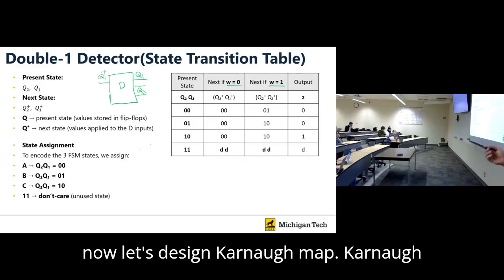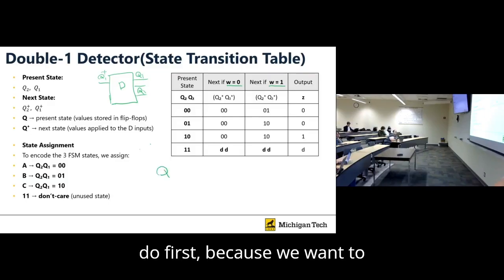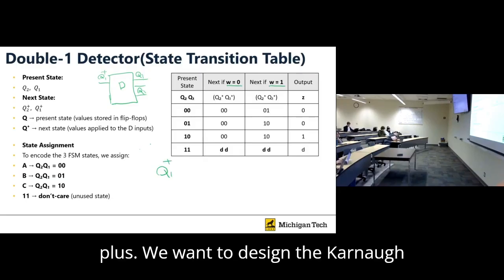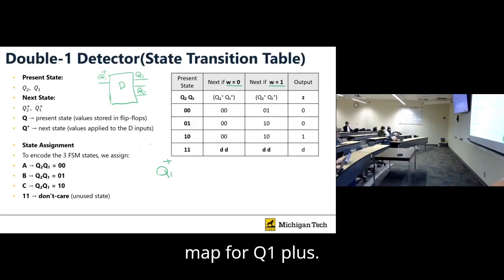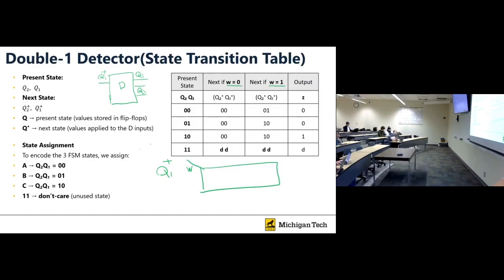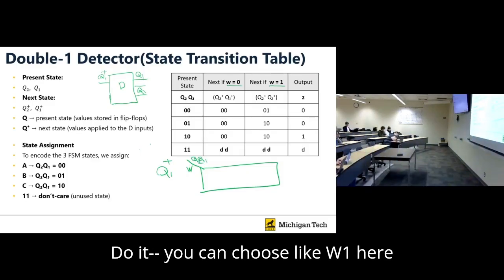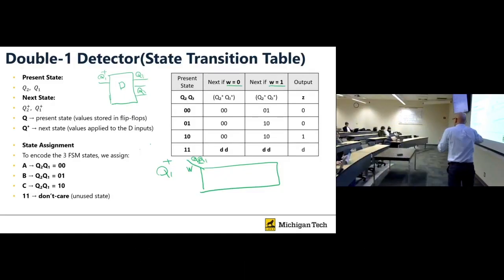Okay, now let's design the Karnaugh map. A Karnaugh map is a little different. Let's do Q first, because we want to compute inputs. We want to design the Karnaugh map for Q1 plus. We have three variables, W, Q1, and Q2. These orders might be different. You can choose W1 here and W2 here, it doesn't matter.